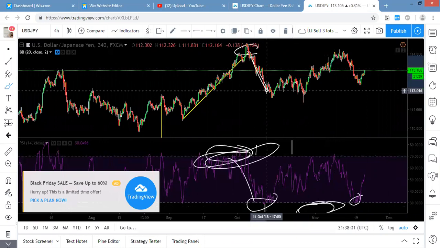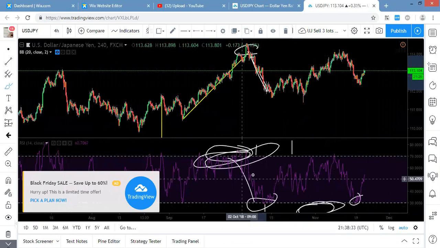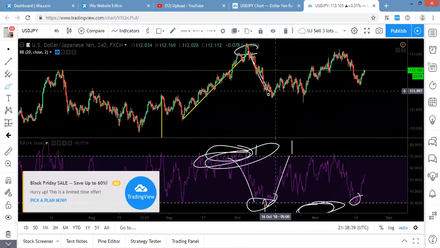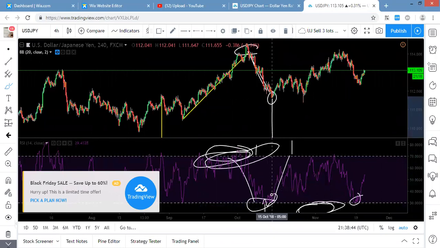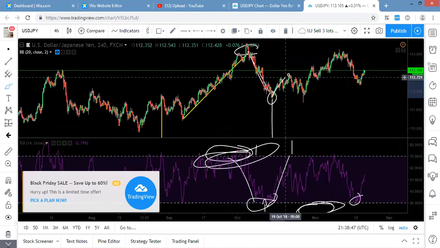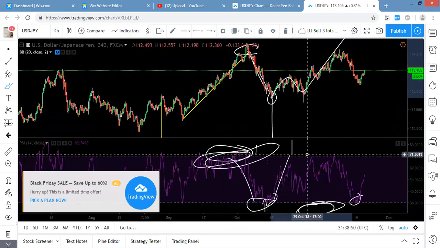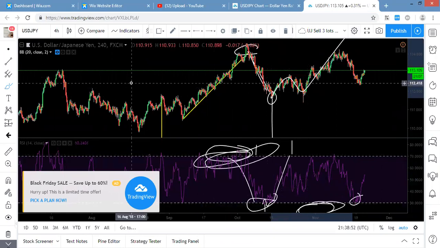It needs to go back up for a little bit, okay? Now, again, you can see it kind of consolidated right there for a minute, but then what happened inevitably? It went up, right? If we take a look, it was at the bottom of the RSI here, right? And then it went up. Now, again, it did pull back, but then ultimately it went back up, right? So keep that in mind when you're looking at the different zones.